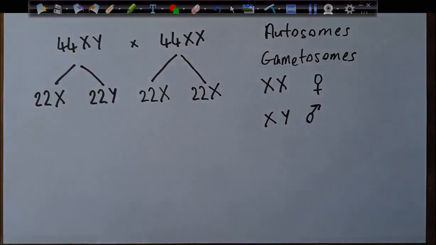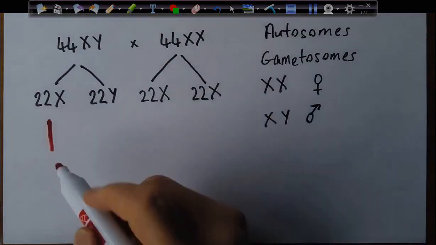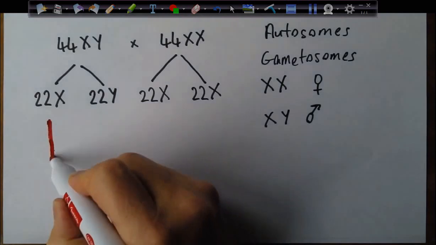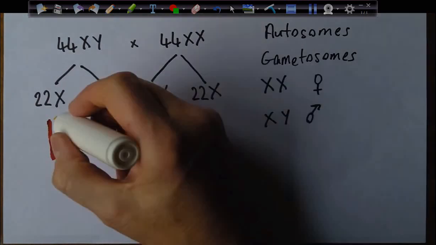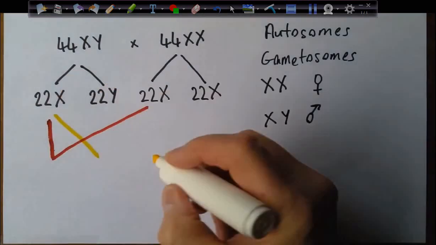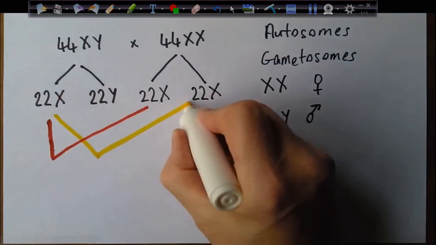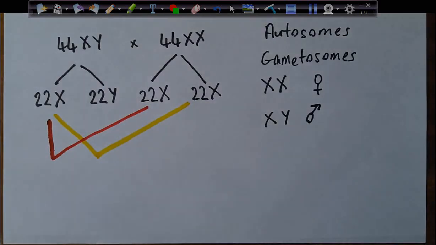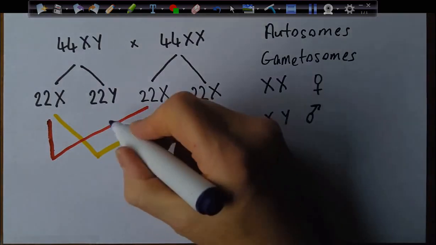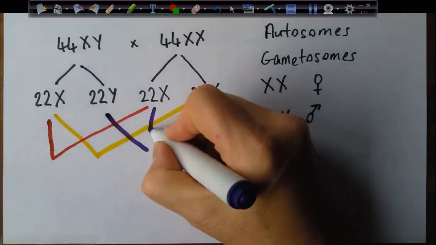Now, is that sperm going to fertilise that ovum? That is possible. Or is that sperm going to fertilise that one? Also possible. Or is that sperm going to fertilise that one?